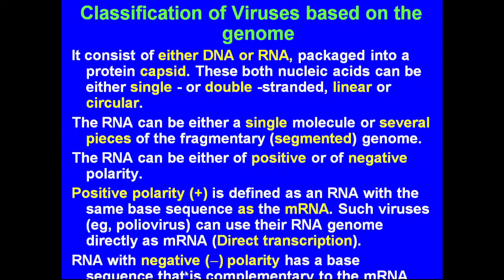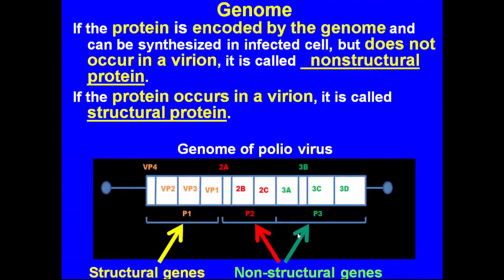Then RNA can be of negative polarity, and this is the base sequence that is complementary to mRNA, but not the same as mRNA. So then you can see the simplified structure of the genome of one of the simplest viruses, that is poliovirus.